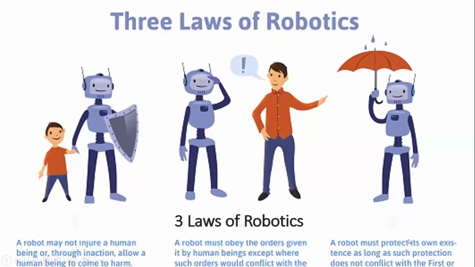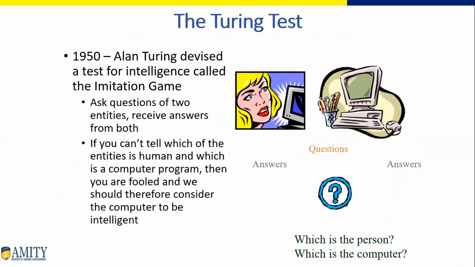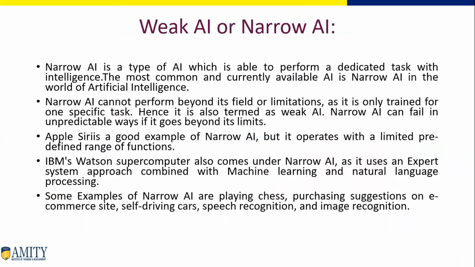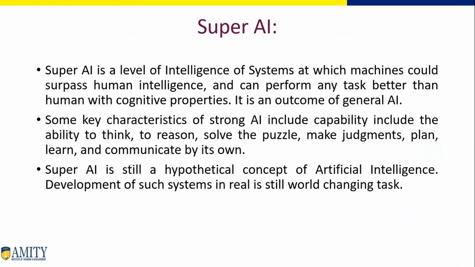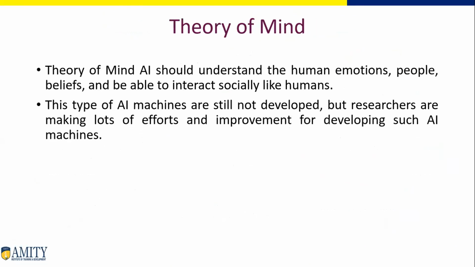They obey what humans are saying, right? They don't initially harm, but to protect their existence, they forget the first two laws. Anyway, that is why artificial intelligence is a very big disruption, but at the same time scary, right? I hope I'm making sense to you, right?